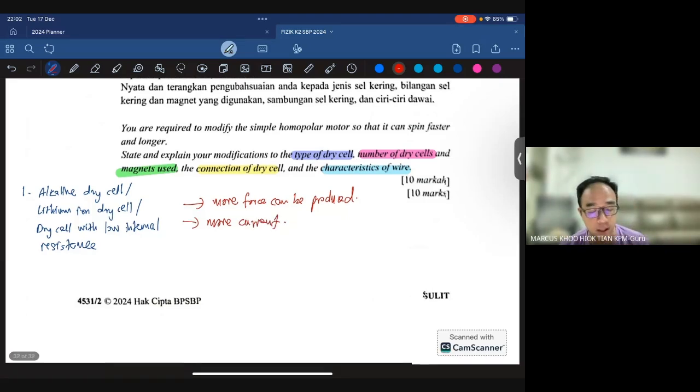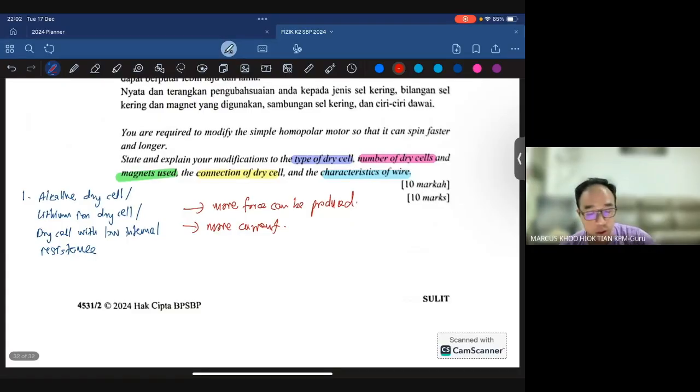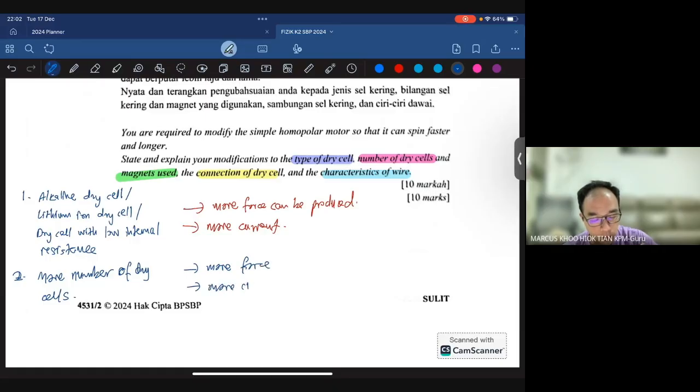Number 2, the number of dry cells: more number of dry cells. You can use the same answer, more force, more current. Usually more dry cells also means more EMF. If you want a variety in your answers, I think you can do that.